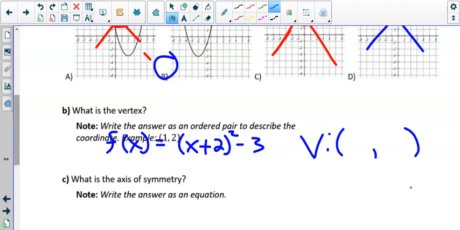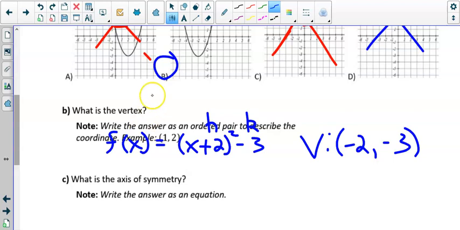For the K value, you're going to keep it. So what's the vertex? -2, -3. Because your H value is right here. What's the opposite of a positive 2? -2. Your K value is right here, and I told you to keep it.